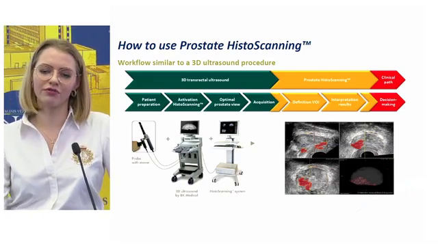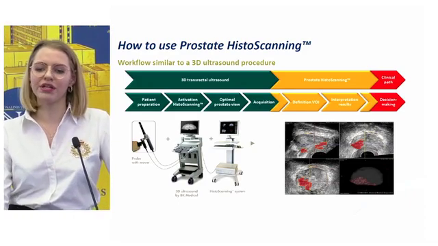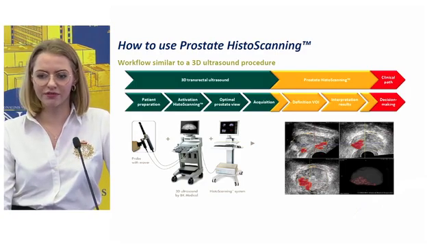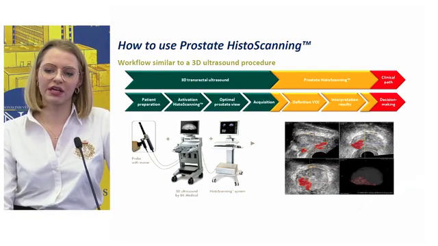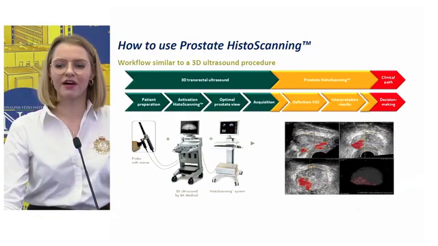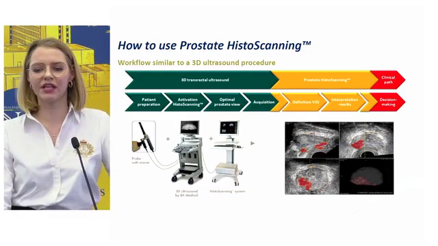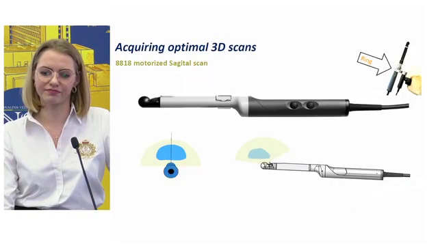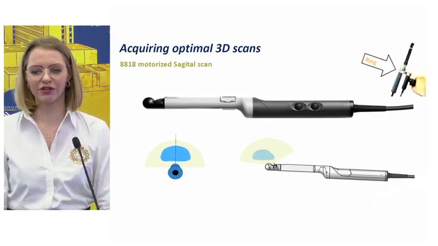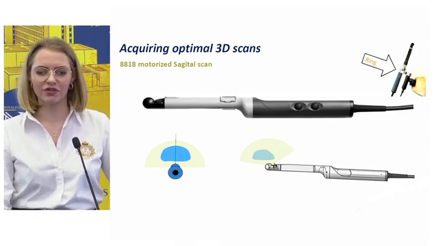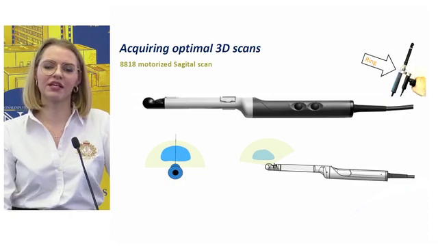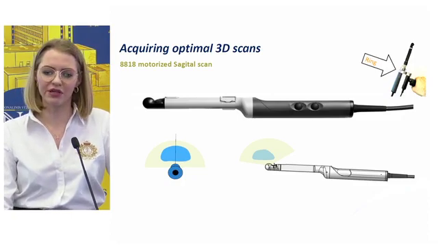First of all, we need an ultrasound. We need a 3D ultrasound probe with the rotator cuff to make the prostate scanning possible. Prostate borders are defined on the computer and a 3D image is obtained. Here is a picture of the rotator ring that allows the scanning of the whole prostate, which later translates the images to a 3D image.